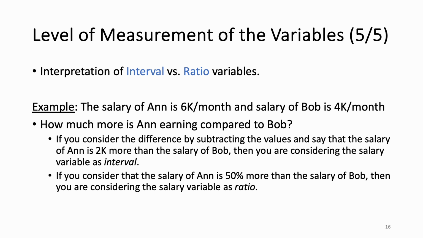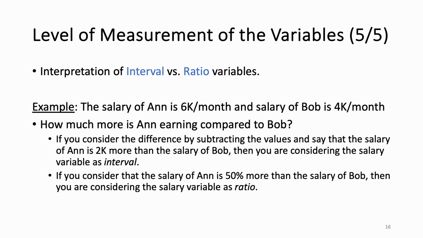If you consider the difference between these 2 salaries by subtraction, so you subtract the value between the 2 salaries, and then you say that the salary of Anne is actually 2,000 more than the salary of Bob, then you are considering the salary as an interval variable.